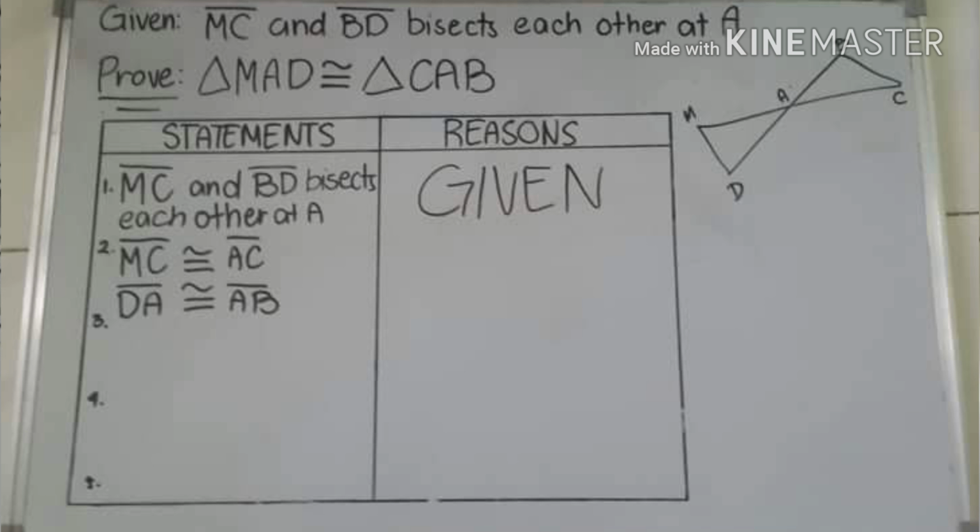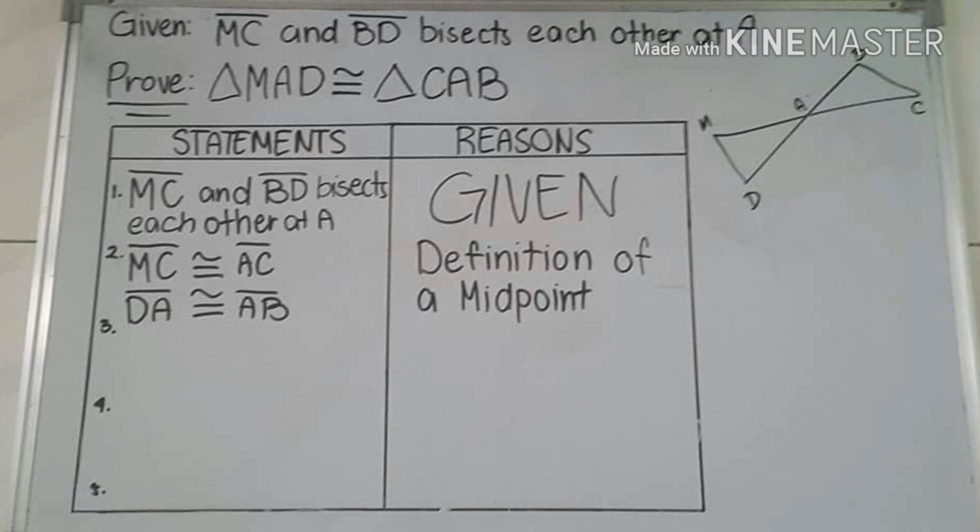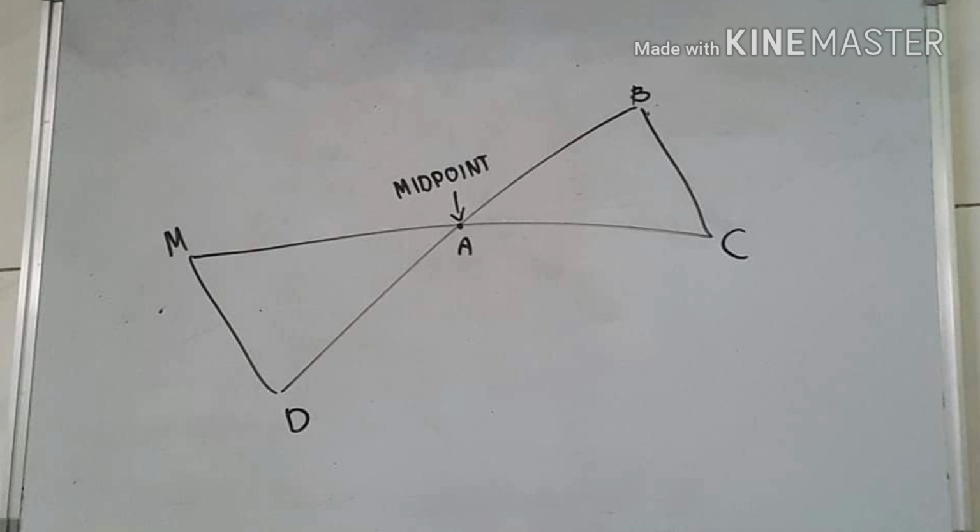Anyways, the second statement is line MA is congruent to line AC, and line DA is congruent to line AB. The reason is definition of a midpoint. Since both segments bisect at A, we conclude that the lines MC and BD both have A as their midpoint.